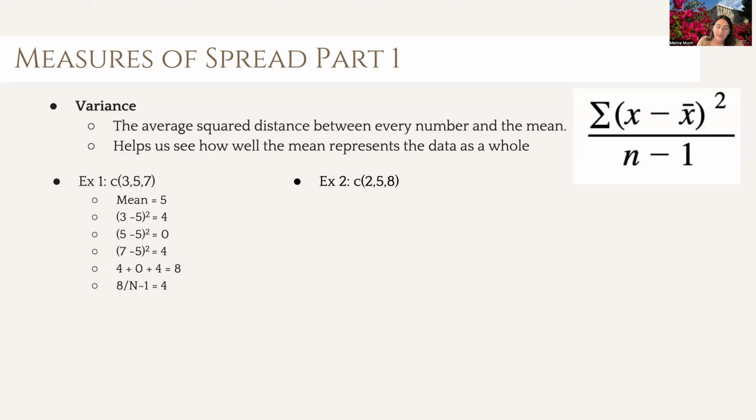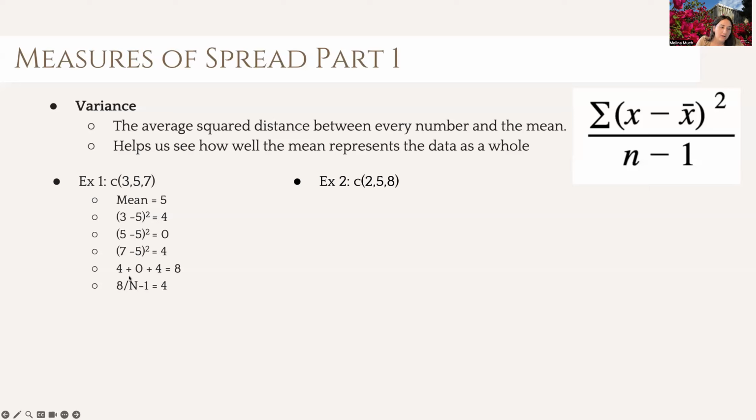Then we're going to subtract our average from each value and square it. So 3 minus 5 squared is 4. 5 minus 5 squared is 0. 7 minus 5 squared is 4. And then we have all of our squared differences. We're going to add them together and divide by our total sample minus 1.